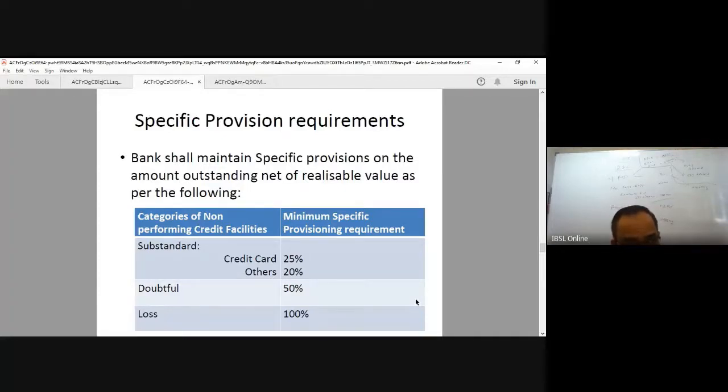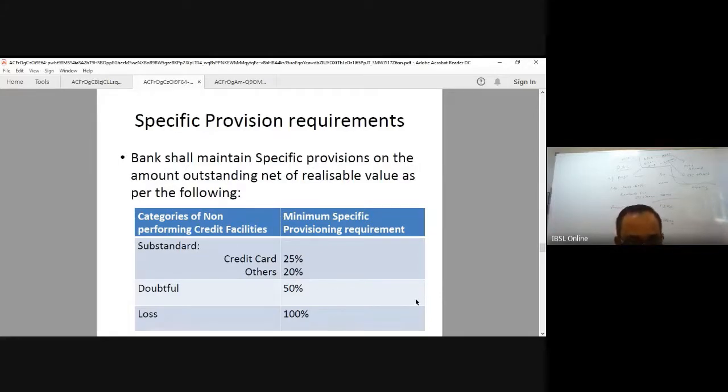But over and above suspending the interest, if it goes into the substandard category, you will have to have a 20% provision for all the other facilities. And for credit cards, you will have a 25% provision.